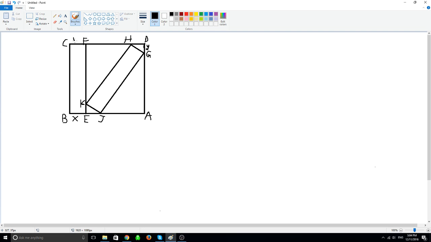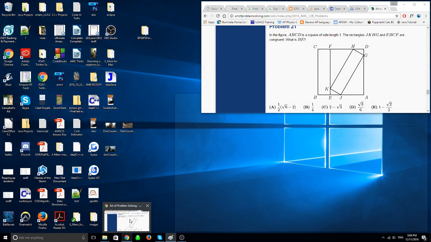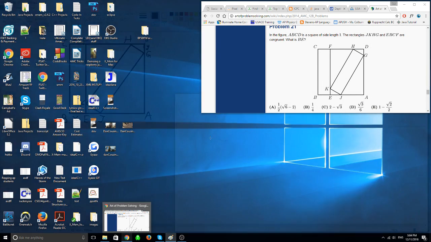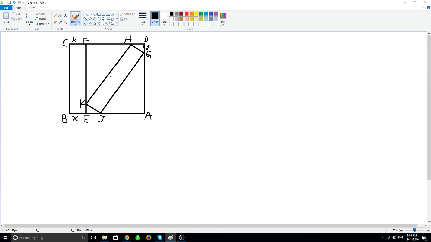And then we can mark up the rest of it. This is obviously going to be the same, and these two triangles are pretty clearly equal, because you can tell by symmetry that those two triangles are congruent. So we can mark KE equal to y.